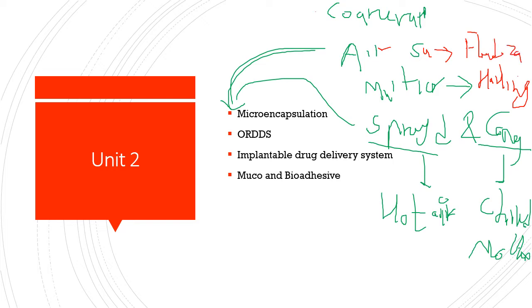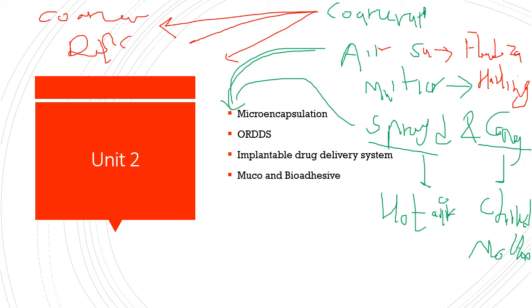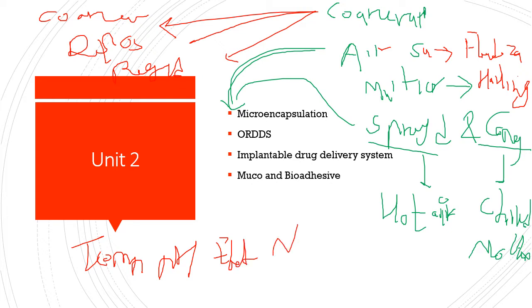In coacervation phase separation, again you have 3 phases, which include coacervates formation, deposition, and rigidization. This can be achieved either via temperature, change in pH, addition of electrolytes, or by non-solvent addition, any of the processes. But the major thing you need to remember is that coacervates are tiny particles.